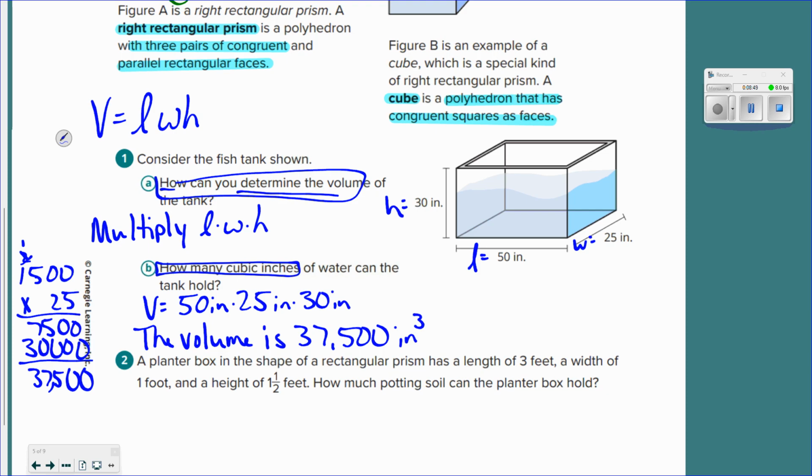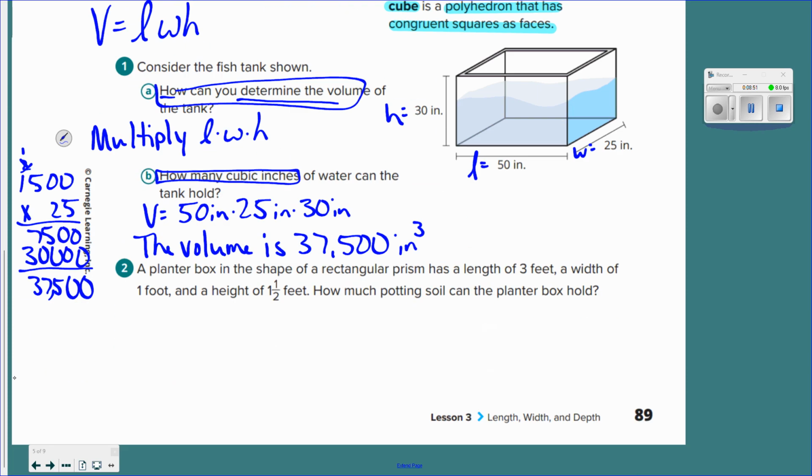I want to hit this again to make sure that everybody understands why this is important. This is actually critically important. This is 1 inch. This is 1 square inch. Those look the same?